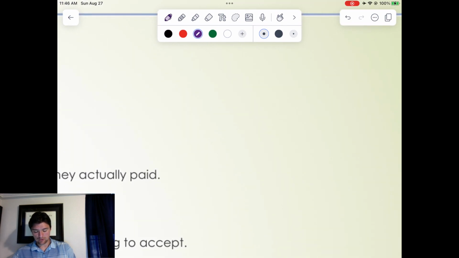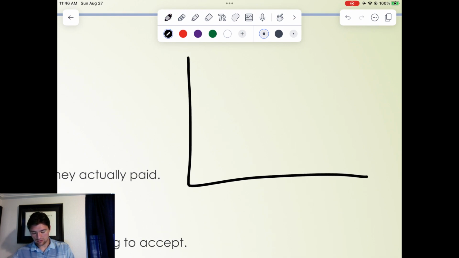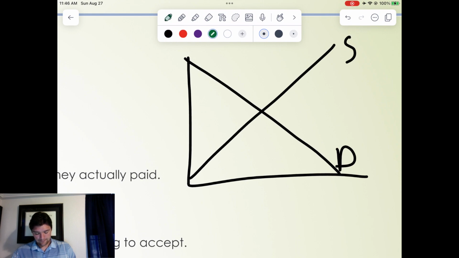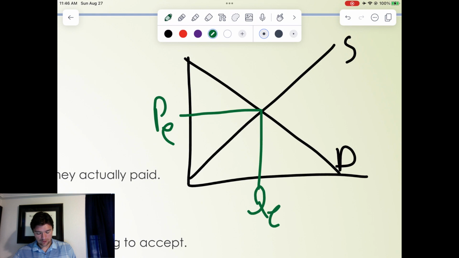So for example, here's the equilibrium. You are willing to pay this much for this quantity. The way I like to think about it is water bottles in the desert. I'm willing to pay $1 million for one water bottle in the desert.